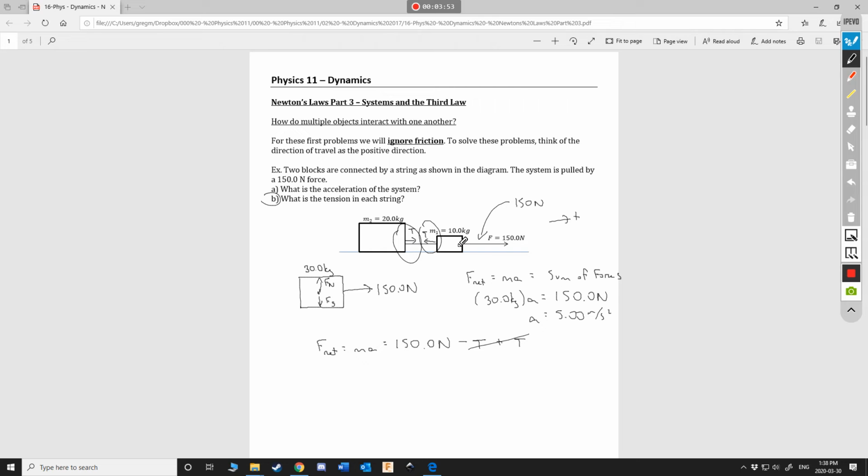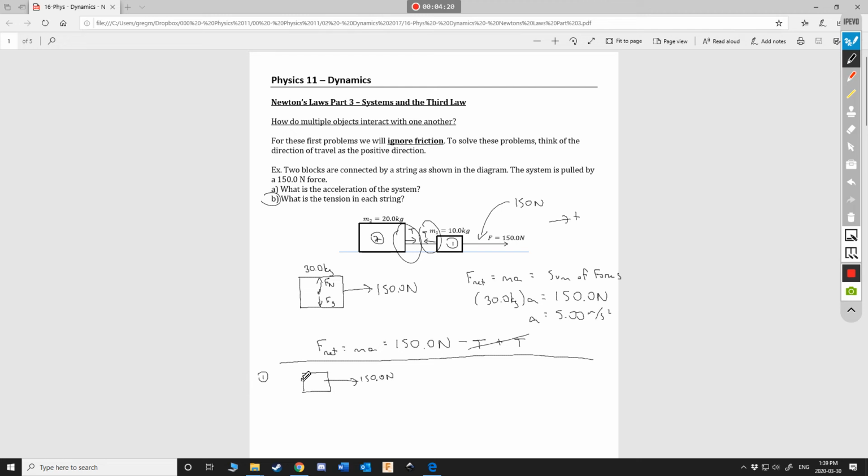So now if we want to solve for T, we have to look at one or the other block separately. It doesn't matter which one we look at, but we have to look at it separately. For example, I'll call this block 1 and this block 2. If I draw just the free body diagram for block 1, we know it's being pulled to the right with 150.0 newtons.